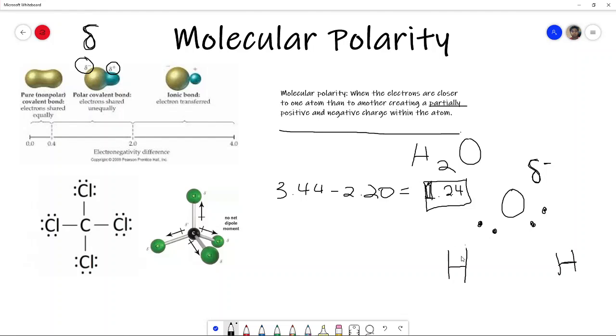And then over here, since the electrons are farther away from hydrogen than they are to oxygen, the hydrogen is now going to have a partial positive charge. Basically it's losing some of its negativity because the electrons are going away, which increases the net charge. Therefore, it's a bit larger than 0 now.